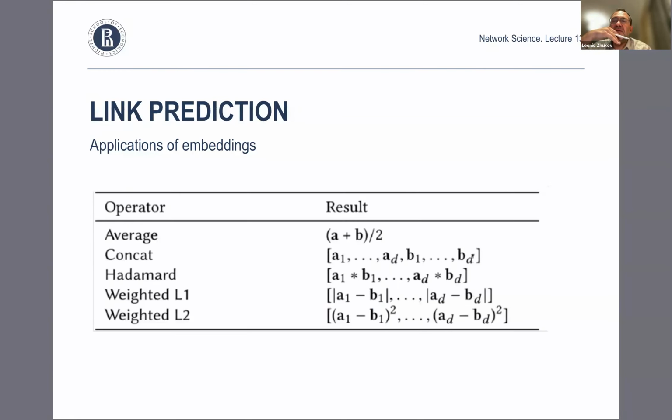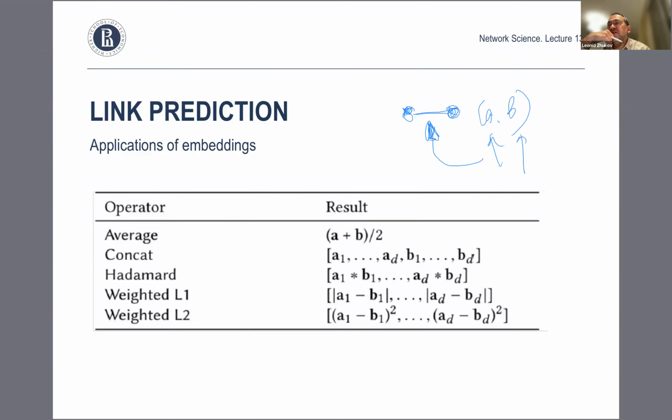The same has to do with link prediction. Since we use node embeddings, a link is defined by two nodes. So having node embeddings, we can construct, and that's the right word here, an embedding for an edge.